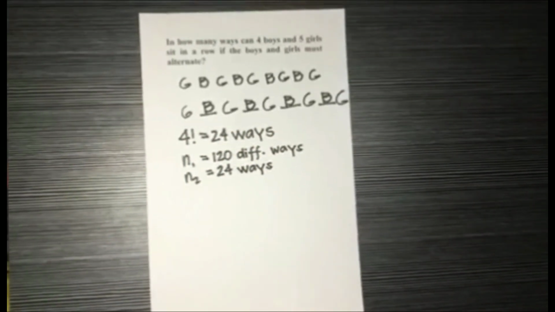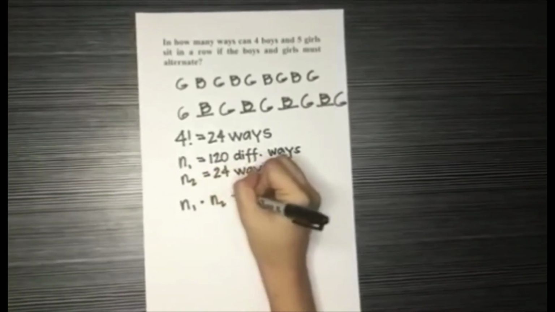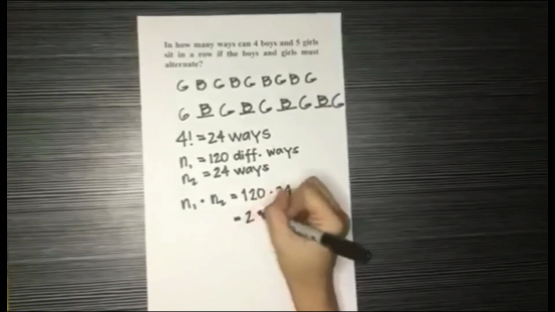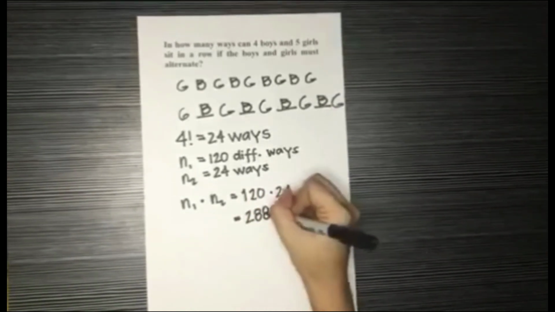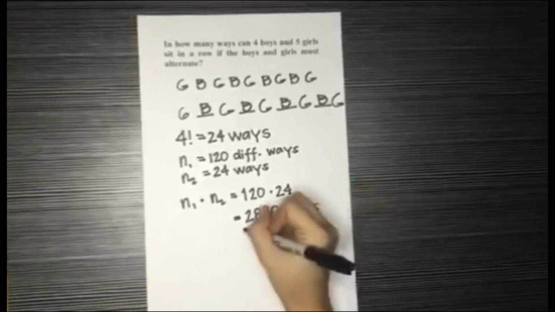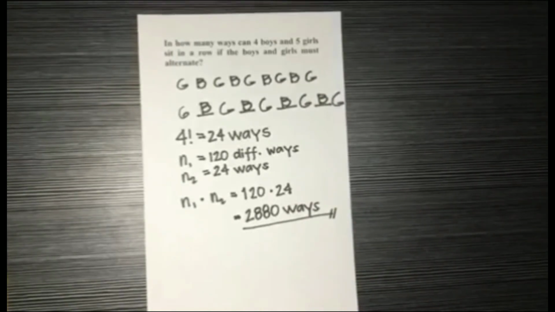So these 2 operations can be performed together in n1 times n2, therefore there are 2,880 ways. Therefore, 4 boys and 5 girls can sit in a row, with the condition that the boys and girls must alternate, in 2,880 ways.